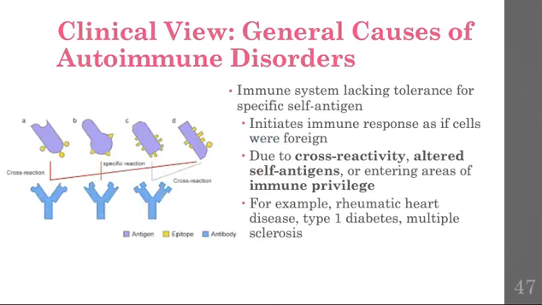Now let's do a clinical view on the general causes of our autoimmune disorders. Our immune system lacking tolerance for our self-antigen essentially produces these autoimmune disorders. We're creating an immune response to that, and it could be due to cross-reactivity, which is what's pictured over here, essentially meaning that the immune system recognizes two different antigens as being similar and responds to one as if it were the other.